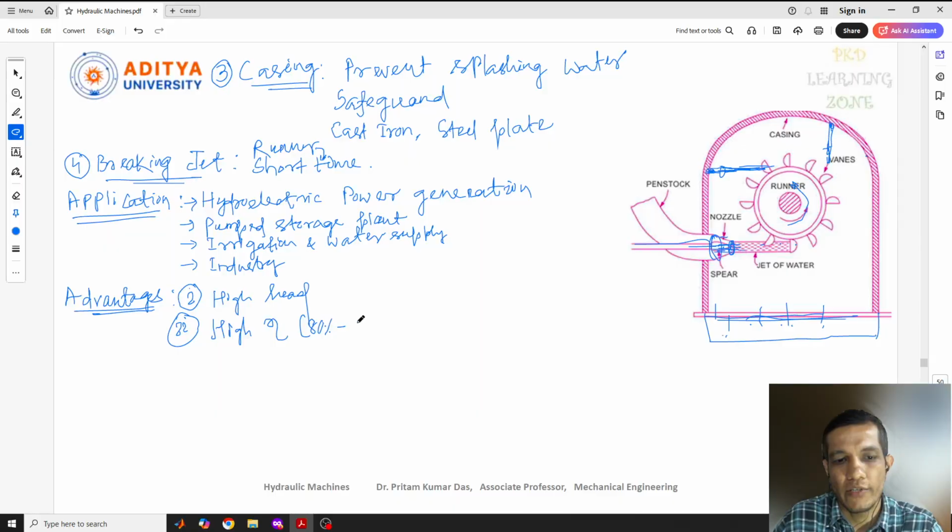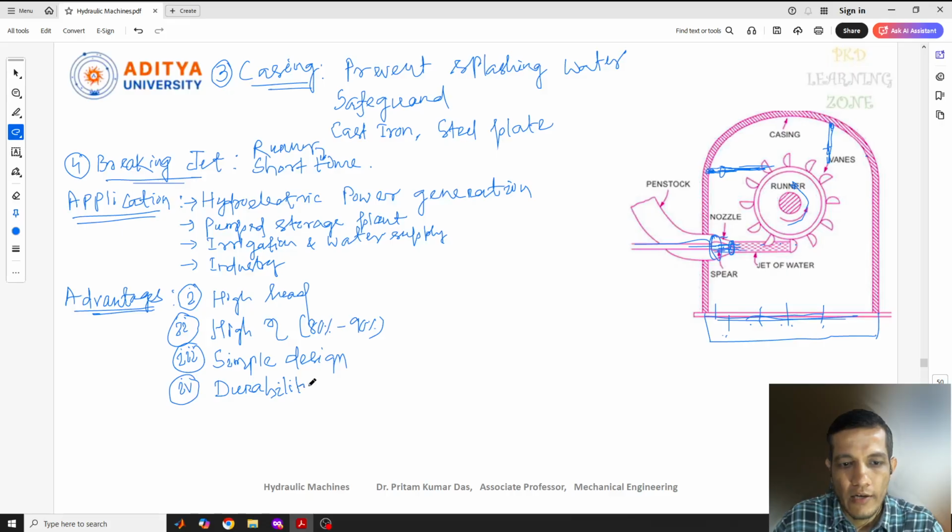Next, the design is very simple, a simple concept. And the durability of this turbine is very good.